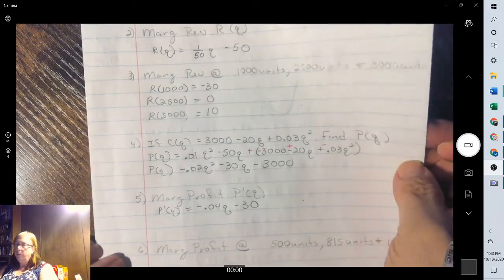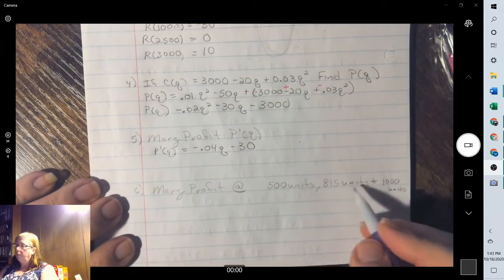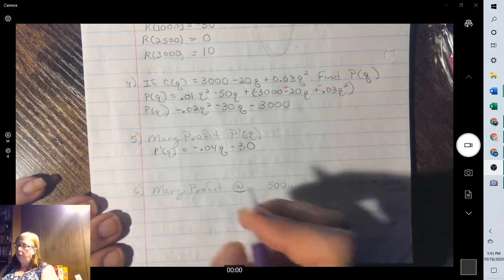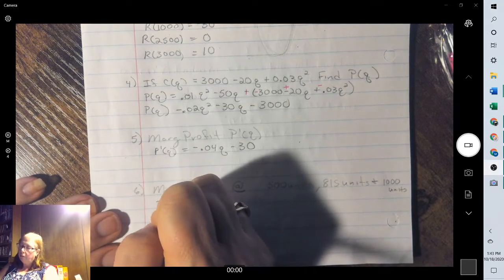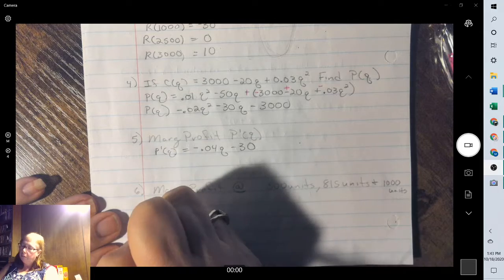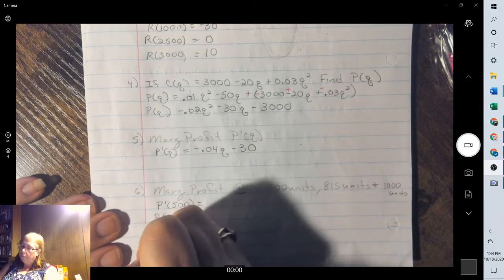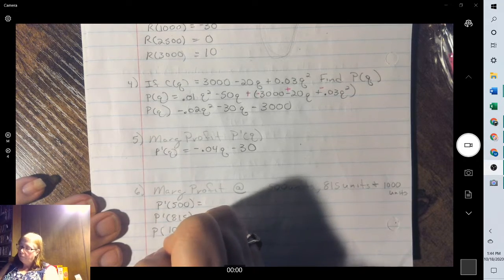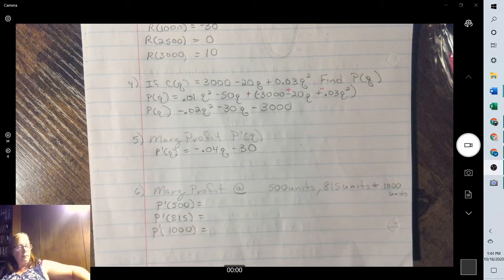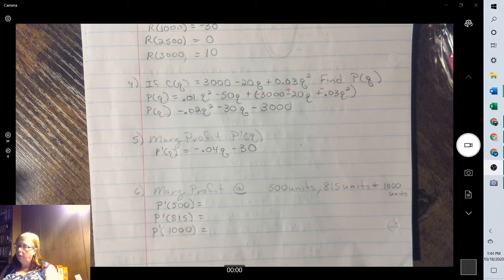And they wanted us to find the marginal profit, how it's changing at 500, 815, and 1,000. So we plug those in to the derivative.